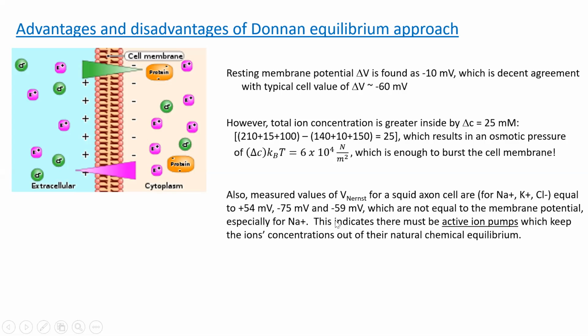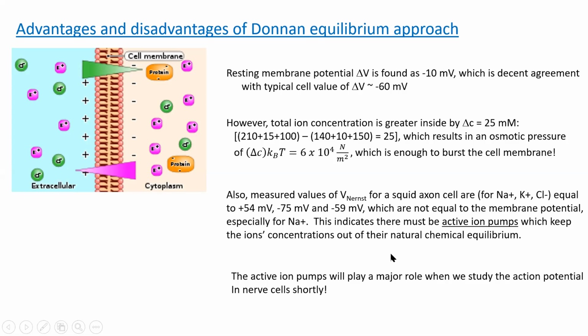So what this indicates is that since these are not in their natural chemical equilibrium, which they would be if the membrane potential was equal to the Nernst potential, there must be active ion pumps, which keep these ion concentrations out of their natural equilibrium state.